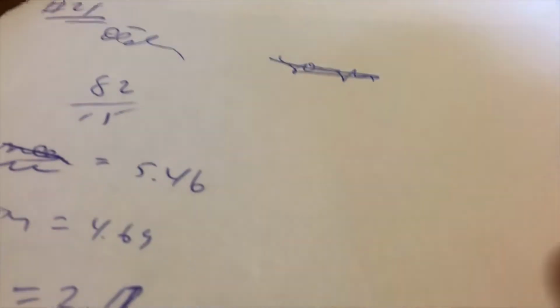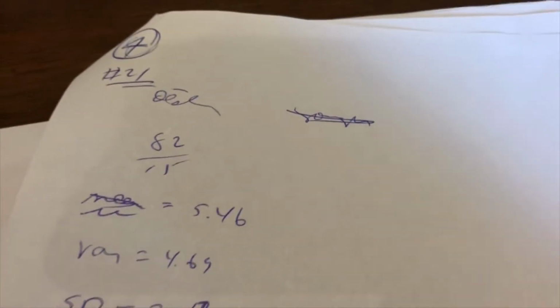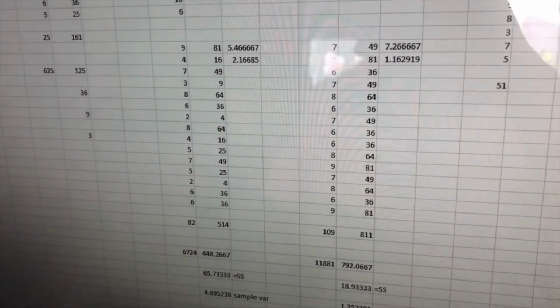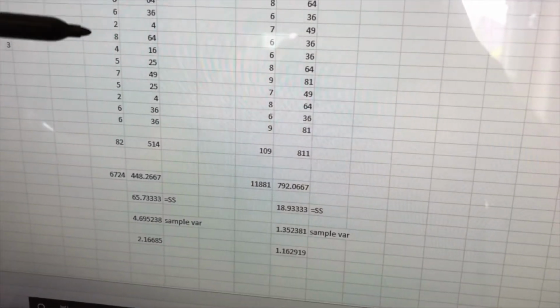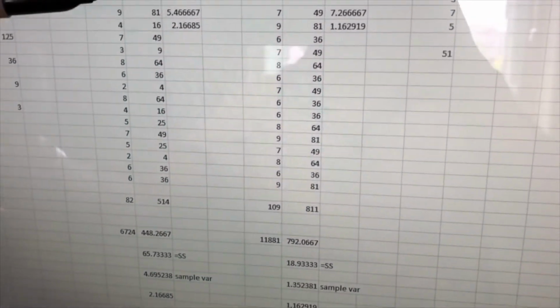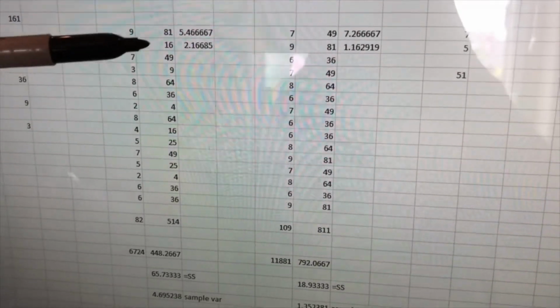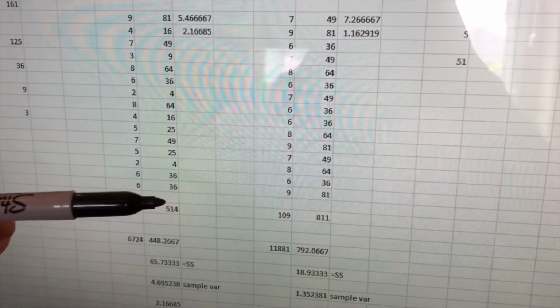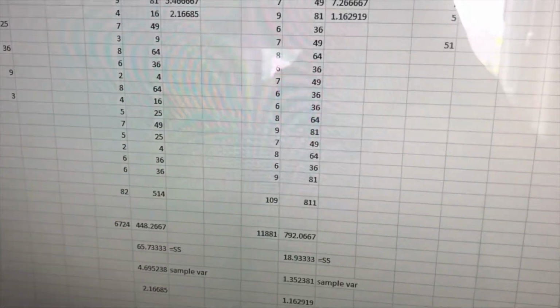So really, the first part is to get the mean. You just add up everything and you divide by the number. So that's going to give you the mean of 5.46 for the older group, the group of the older people. And then I have the samples right here. This is just where I'm getting the average. And then I square each one in this column, and I get the sum of the squares, and then I just do the math out here.